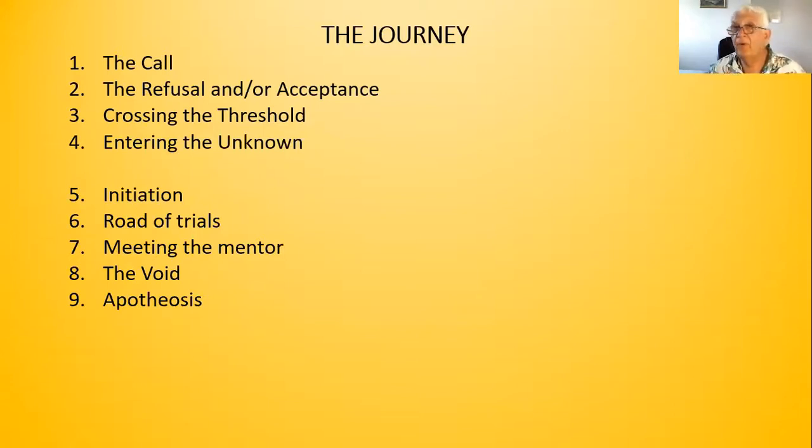And that can be represented in your book by dying to your old self. You shed the old person and become a shining new person. This is the enormous change that's effected in the hero. It's the caterpillar changing into the butterfly, right? The ordinary person becoming somehow superhuman.